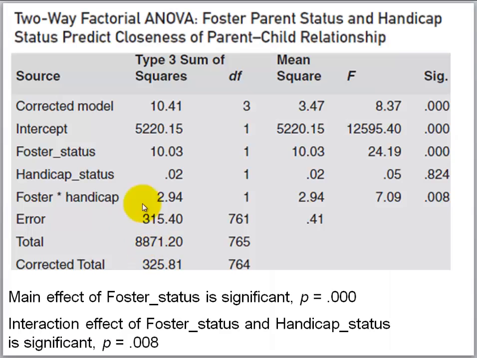Now, let me point out a somewhat technical point, but even so, an important one. This ANOVA was run using SPSS. And note that the sum of squares used is the type 3 sum of squares.